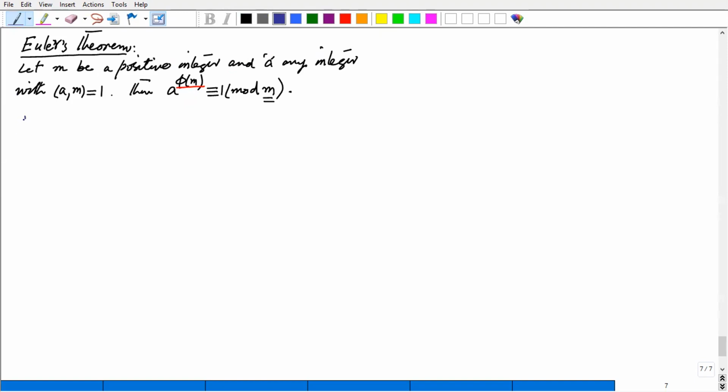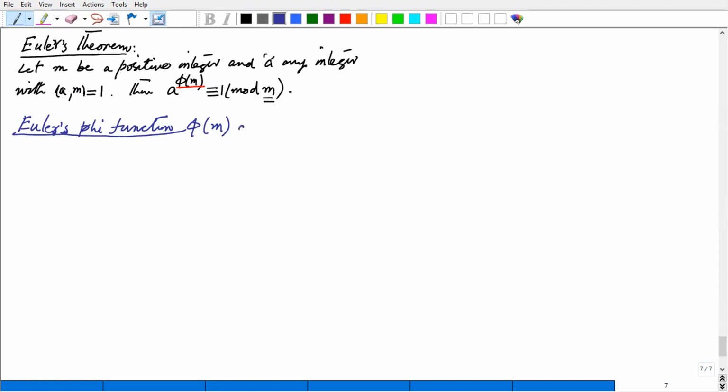So this is phi of m. Phi of m is called Euler's phi function, and how can we define this number?